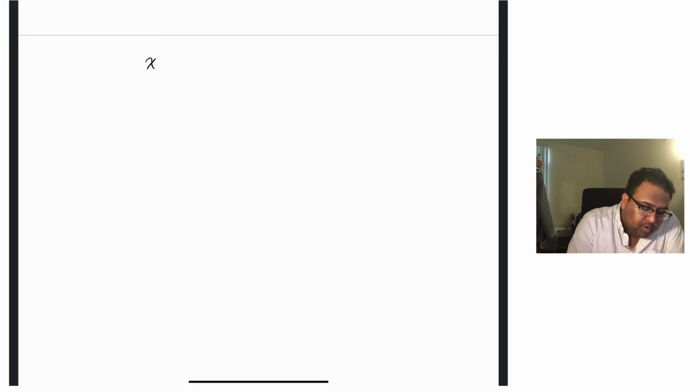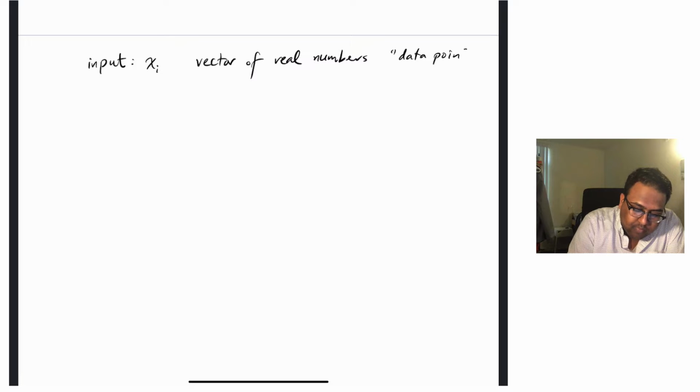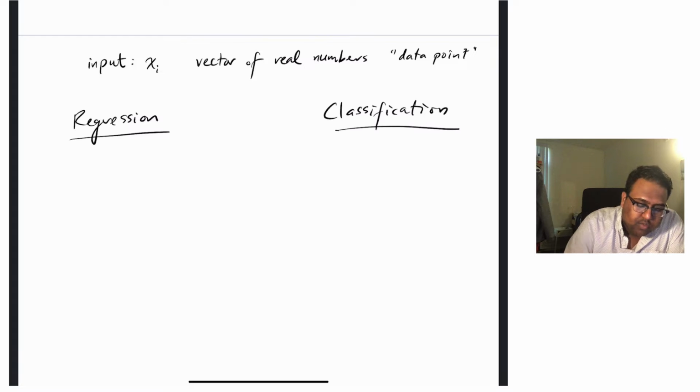Okay, so in both cases, our input we can say to be xi, which is a vector of real numbers, which we can say is our data point. And the difference between regression, which is what we've seen so far, and classification, which is what we're seeing now, is with regression, given a data point, we wanted to predict some real number.